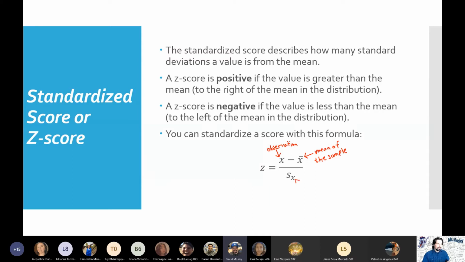And the s sub x, this is the standard deviation of the sample.